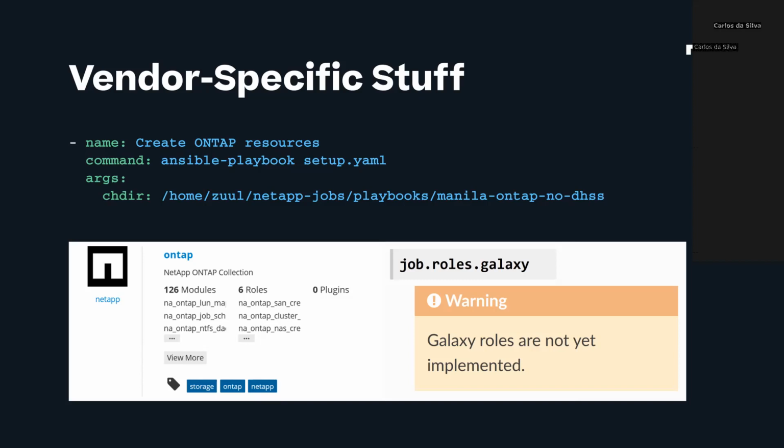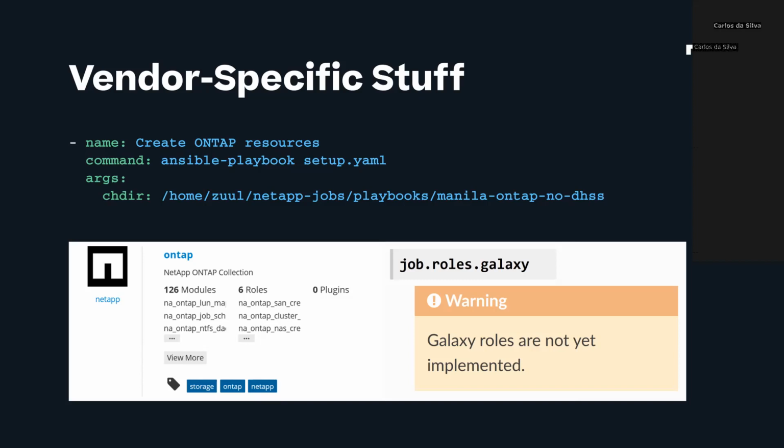But there's a problem, which is that Zuul, at least until its latest stable version, doesn't support Ansible Galaxy roles and collections at all. We confirmed this with the Zuul developers. Unfortunately, there's no way around it. And the only workaround that they themselves recommended, at least for now, is using that nested Ansible.